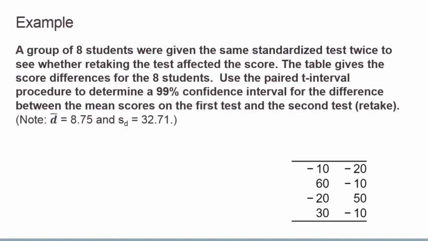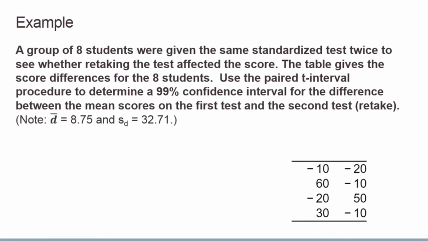Example: a group of 8 students were given the same standardized test twice to see whether retaking the tests affected the score. The table gives the score differences for the 8 students. Use the paired t-interval procedure to determine a 99% confidence interval for the difference between the mean scores on the first test and the second test, which is the retake.